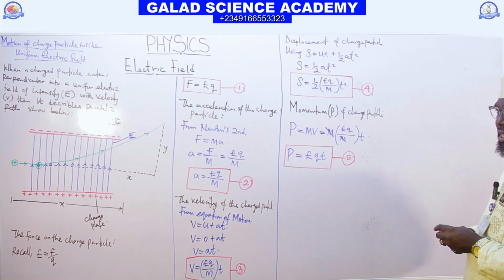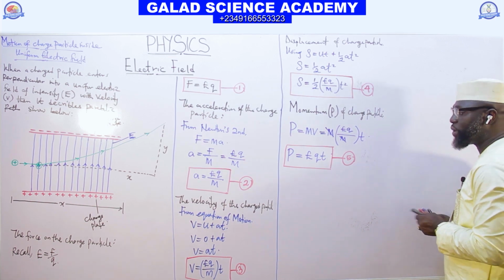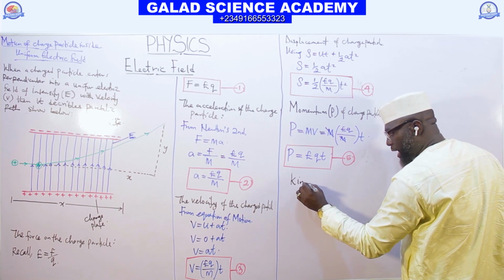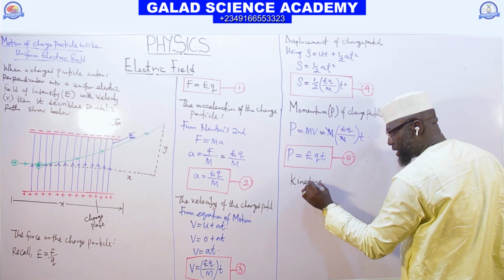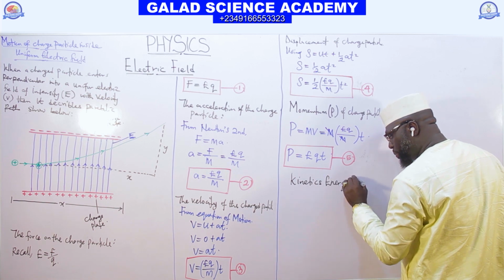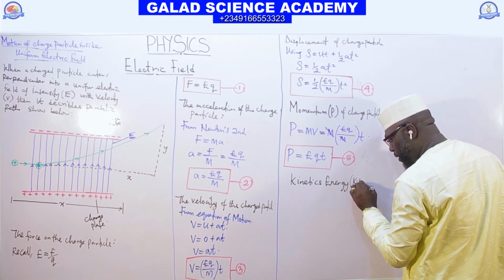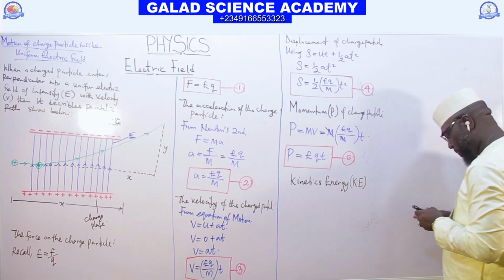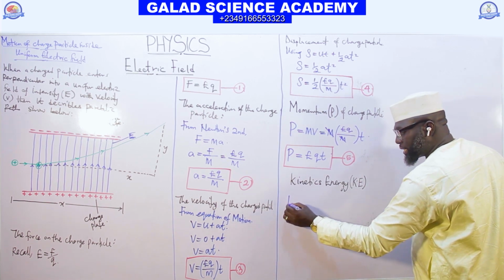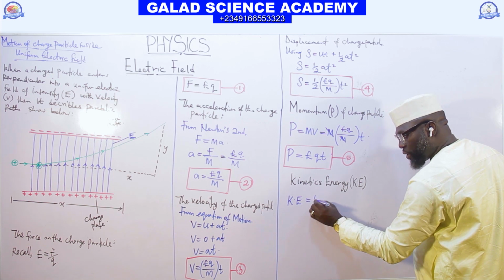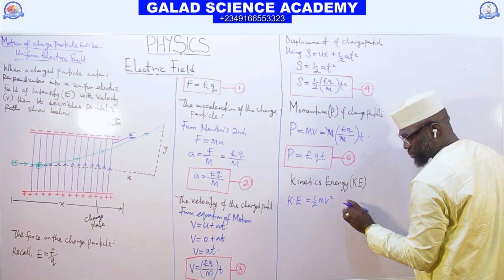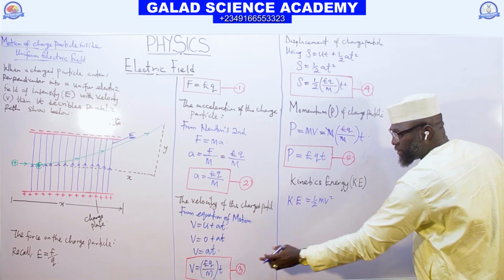The last one here is you can also be asked to find the kinetic energy of a charged particle, known as KE. We all know that the kinetic energy is half of mv squared. Substitute for this v here.